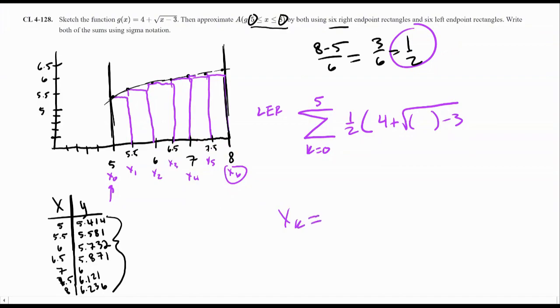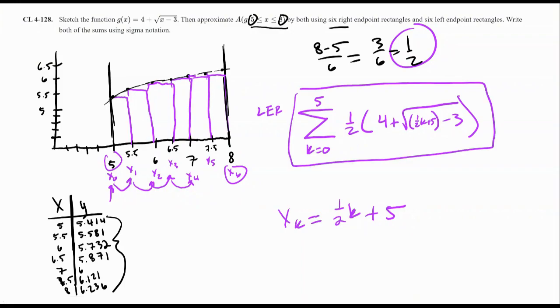I'm going up by 1/2 every time, from x sub 1 to x sub 2 to x sub 3, and I'm starting at 5 because that's my first x value. Plugging that into my equation gives me my left endpoint rectangle sigma notation.